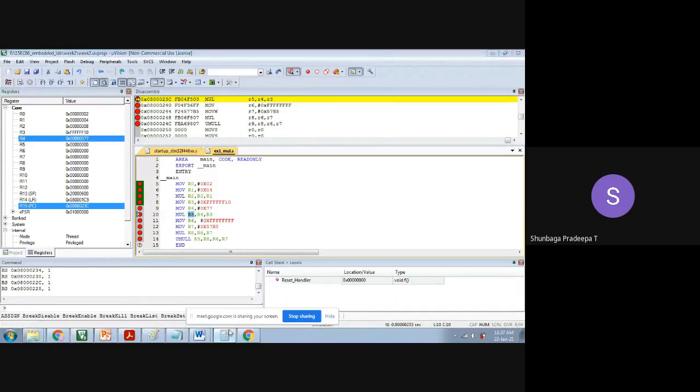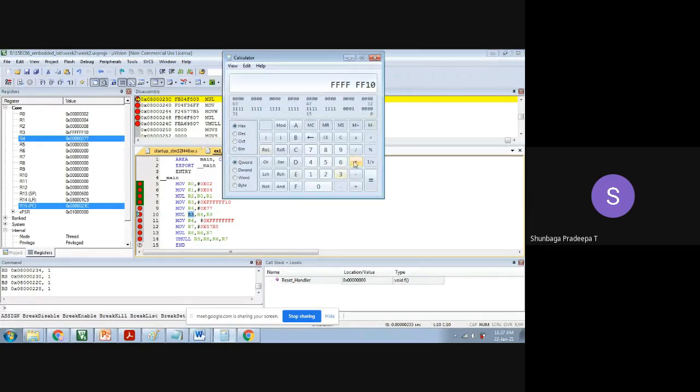So this value you are multiplying with hexadecimal 77. You will have your hexadecimal value as FFFF9070, or your decimal value will be this. If you consider, each register can have only 32 bits of information. So if you are loading this value into the R5 register, it can store only the LSB 32 bits.